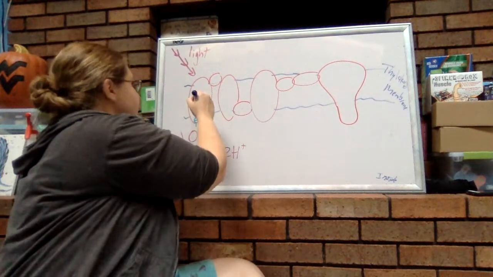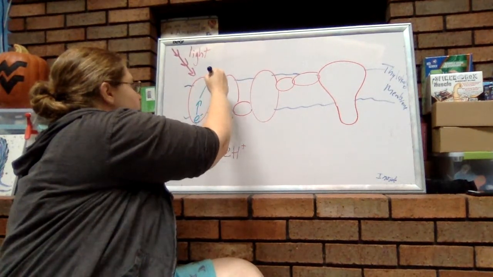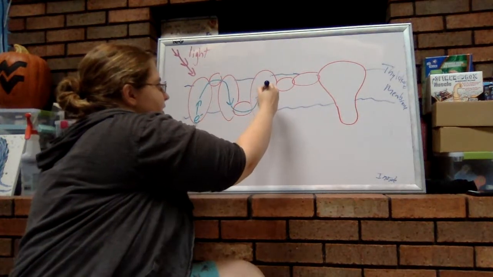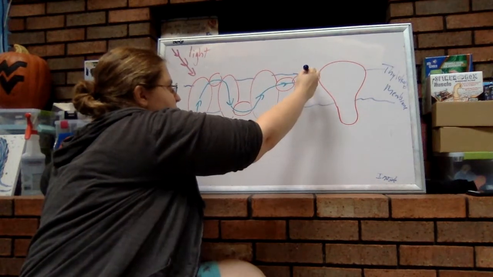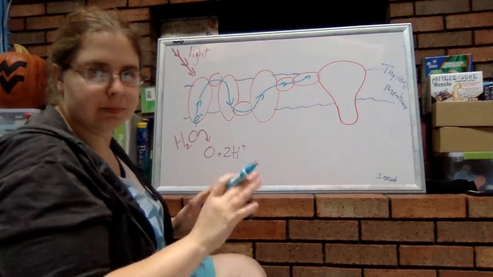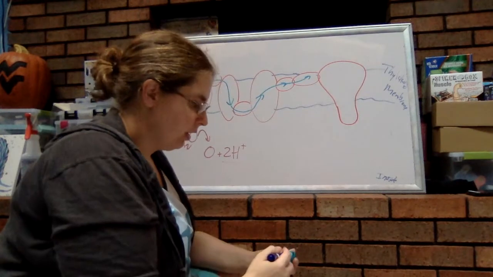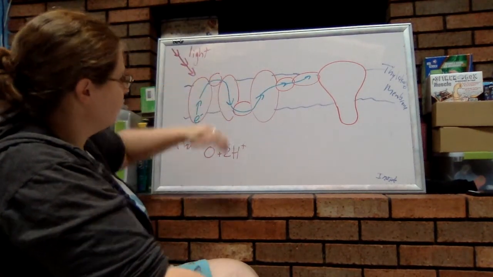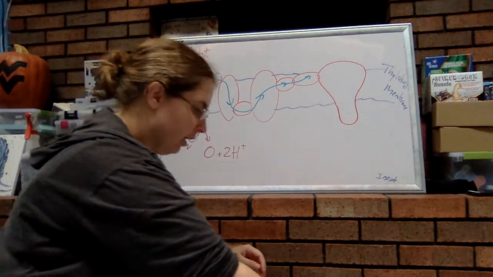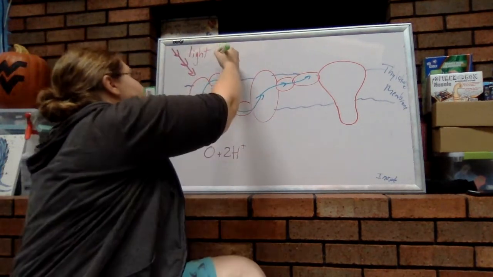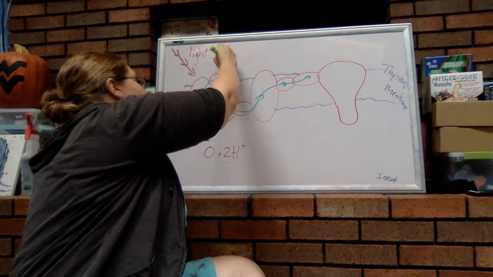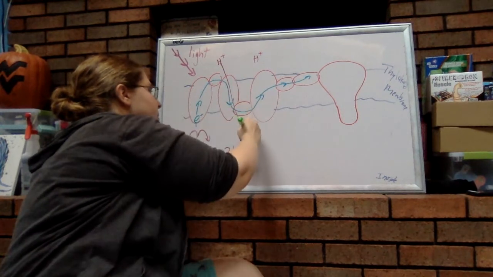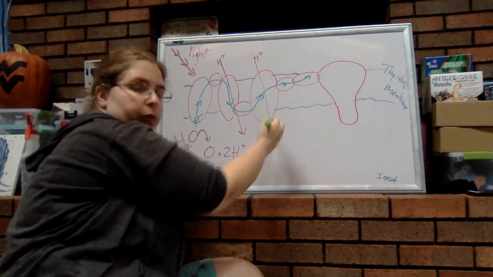The electrons are going to be transferred and moved from one protein to another, to another, to another. But as they get passed from one protein to another, it actually causes additional hydrogen ions to be brought across the membrane and into the thylakoid.